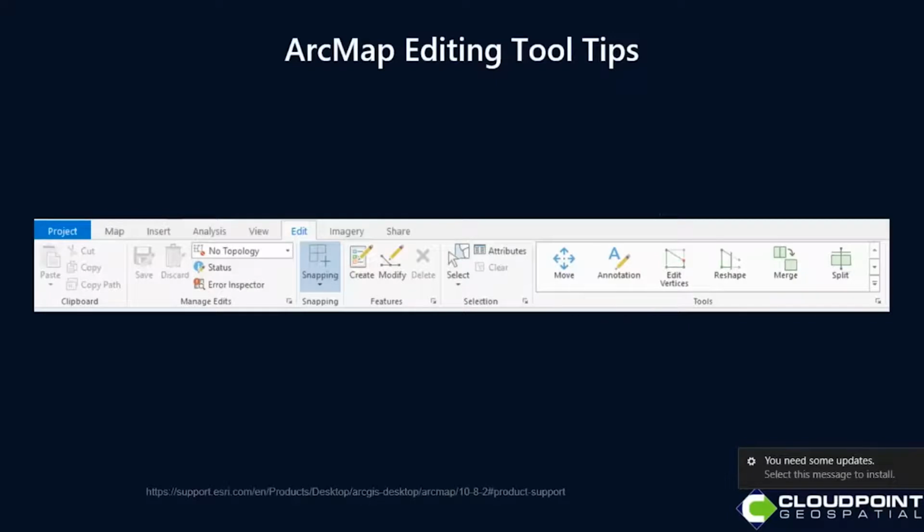You can find that reshape or align tool if you're using ArcPro. It's going to be in your edit tab, and then whenever you're editing, you're going to use this reshape tool here.